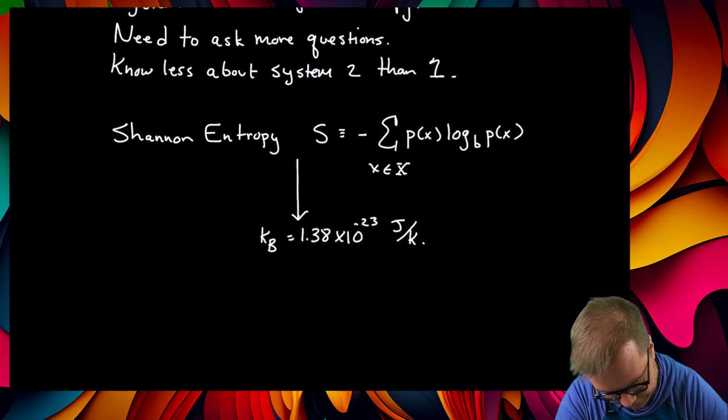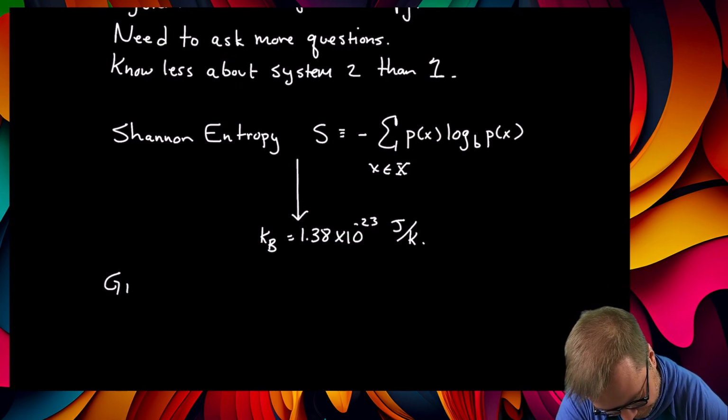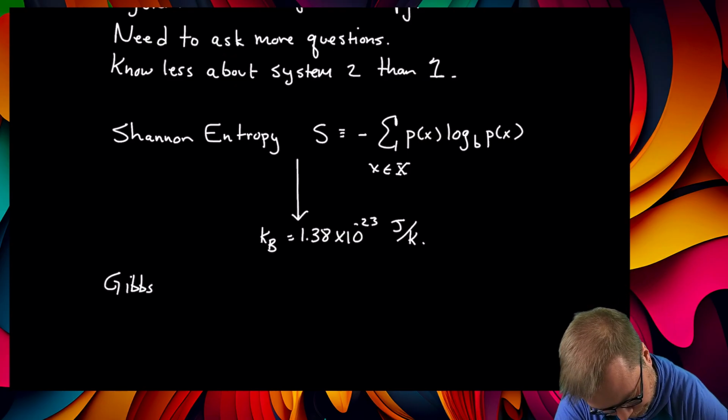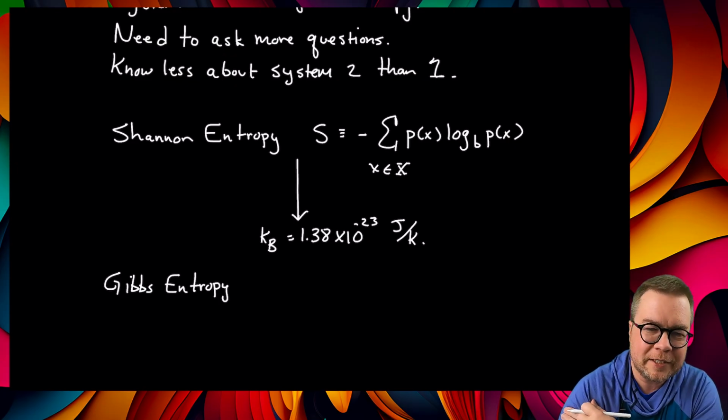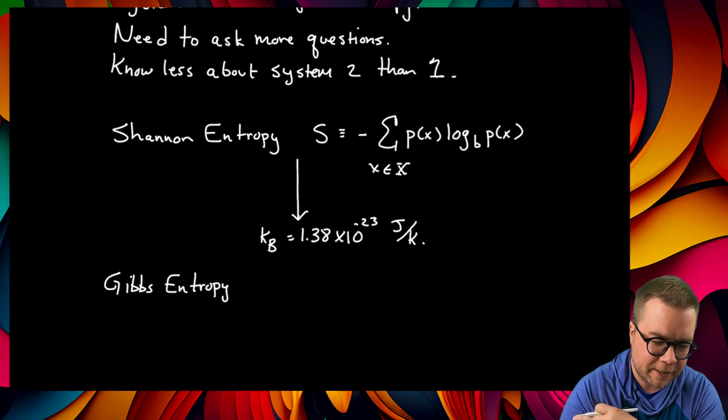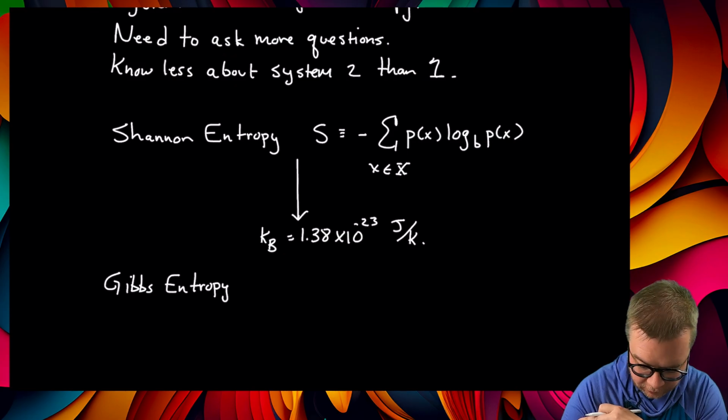But if we do this, then we could define what we call the Gibbs entropy. And in some sense, it's like the Shannon entropy, but it's got this proportionality constant, KB, and it's also got a different base.